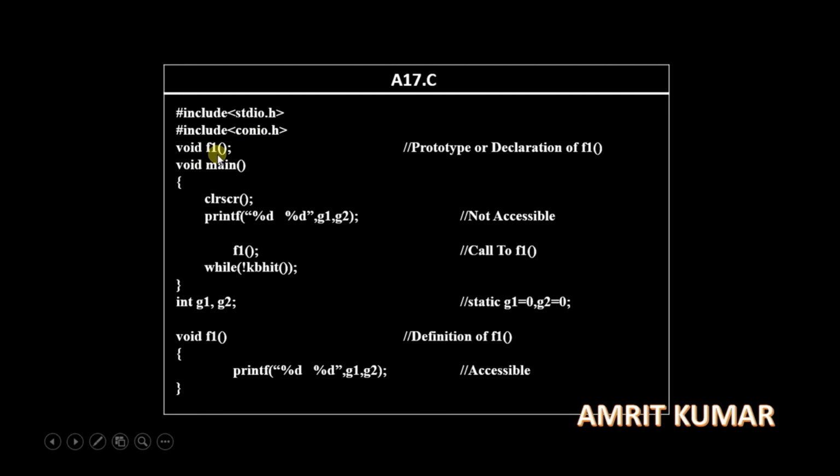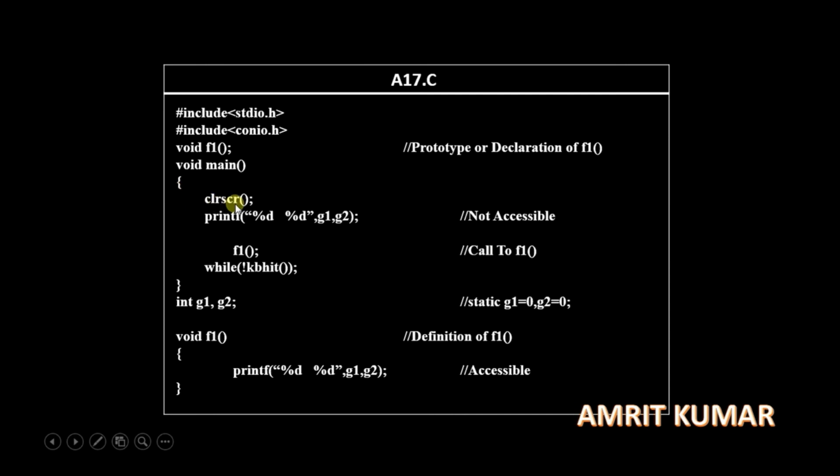After that we have a declaration of f1, a prototype. We have declared f1, and after that we have also declared the main function, and in that function we have opened the curly braces.